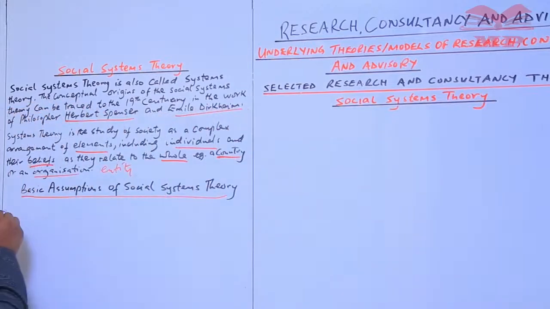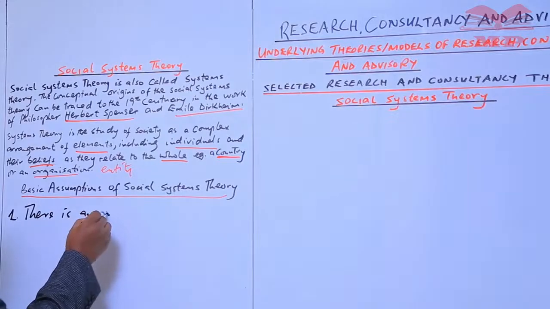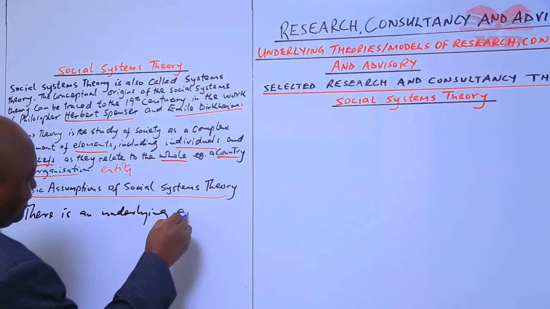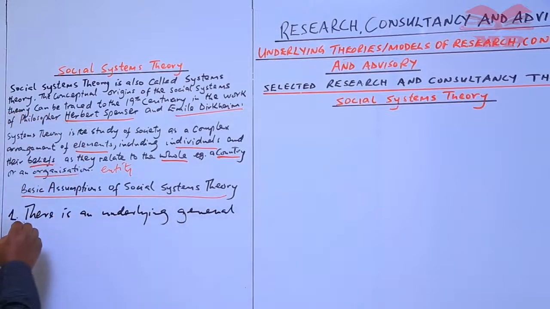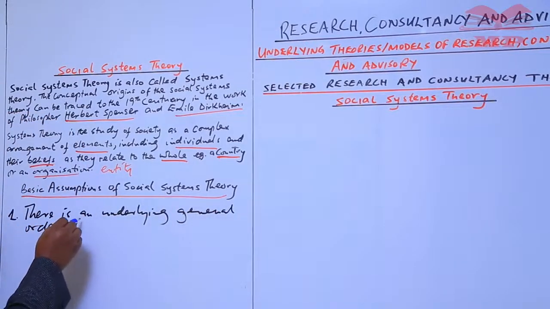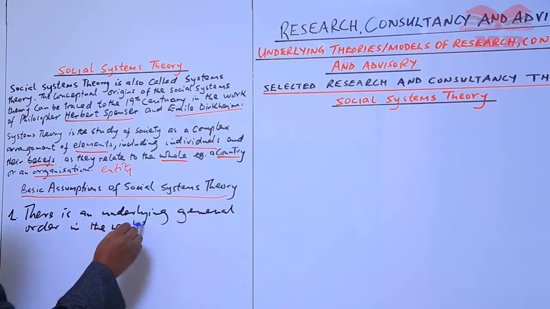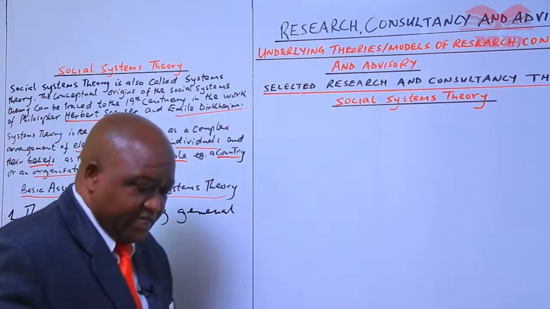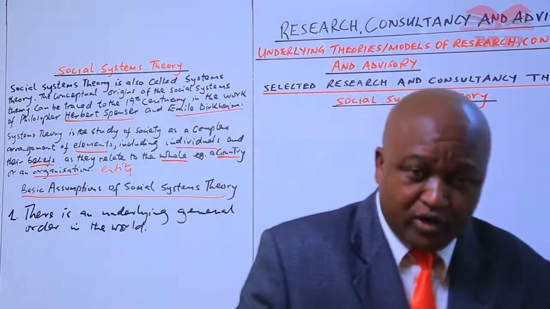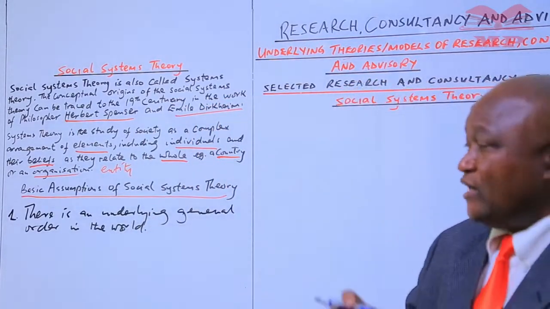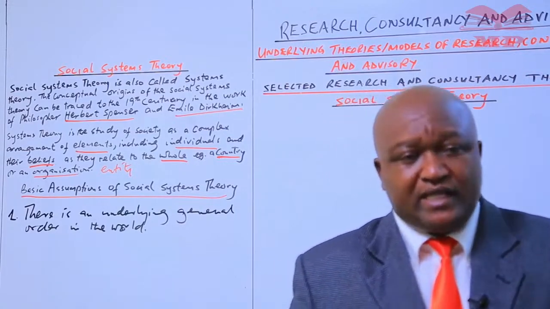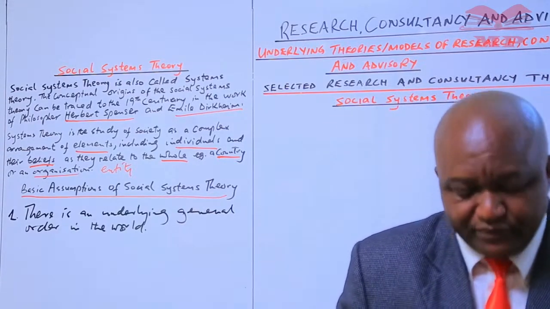So this theory assumes that generally there is an aspect of order in the way things are done in the world. That's the first basic assumption of the social systems theory.